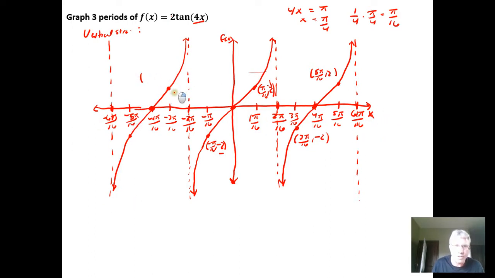Now label in your last 2 key points. So here at -3 pi over 16, we're getting outputs of 2. It needs to match these guys. The output was 2. And here when we input -5 pi over 16 for this point, we get an output of -2. And there are 3 full periods of this tangent function.